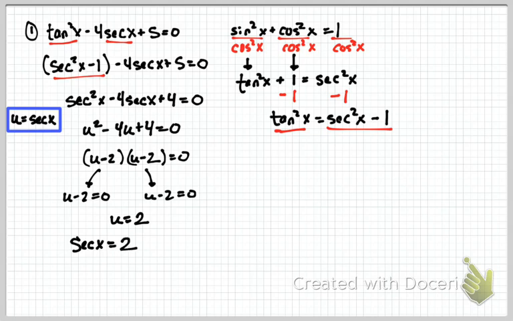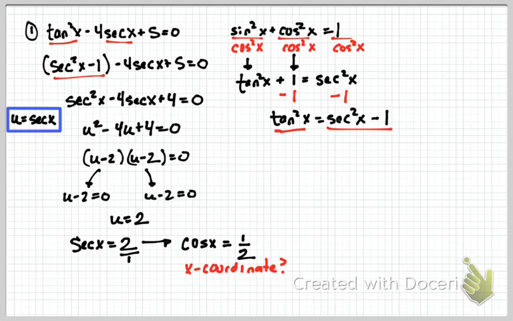But we are solving for secant of x, not u, so we're going to rewrite this as secant of x equals 2. Now, we're kind of stuck here because we don't know where on the unit circle secant is 2, but we do know that secant is the reciprocal of cosine, it's flipped over. So we can go ahead and flip over the 2 over 1 to make it 1/2. So now, we're asking where is our x coordinate 1/2.